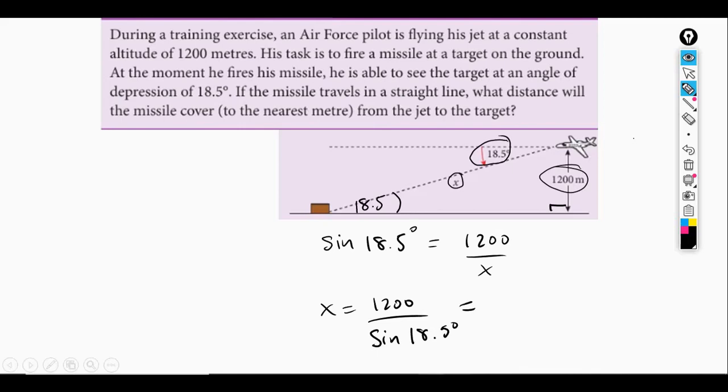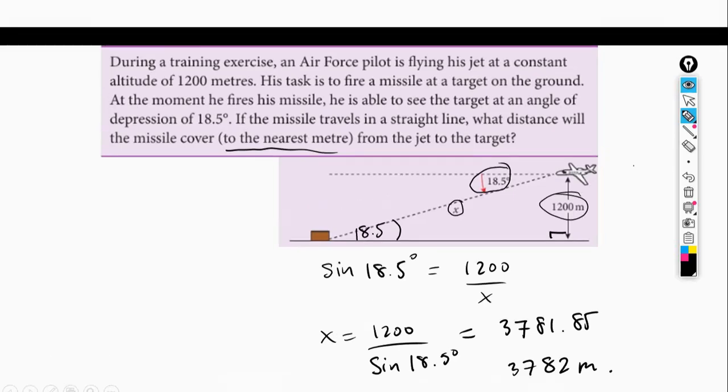And plugging that into the calculator, it's going to give us approximately 3,781.85. But they want us to round to the nearest meter. Okay, so we have to rewrite this as 3,782 meters, and that would be the answer.